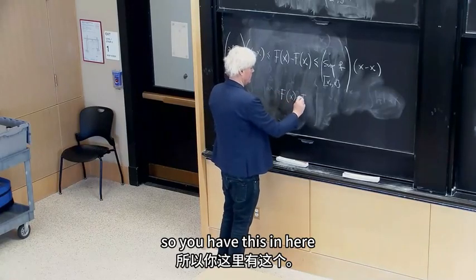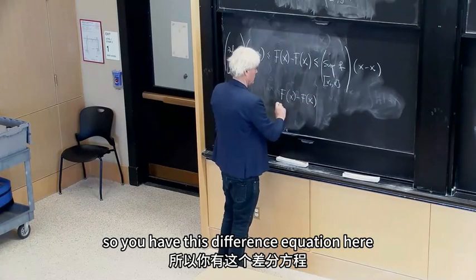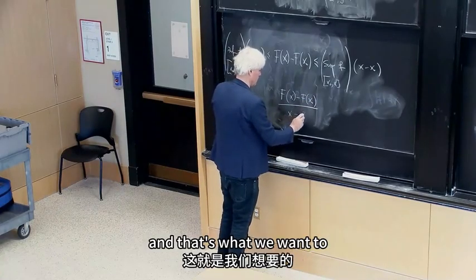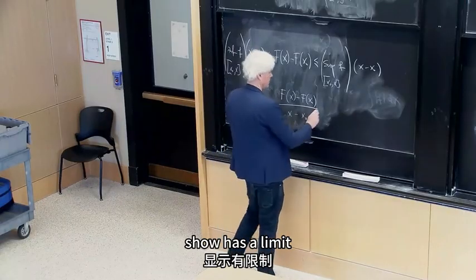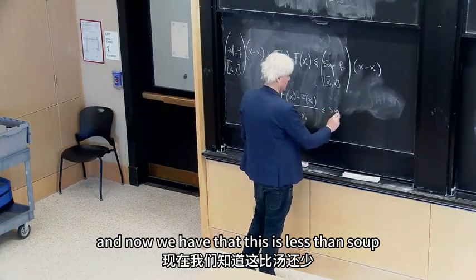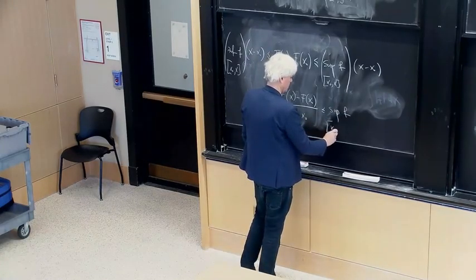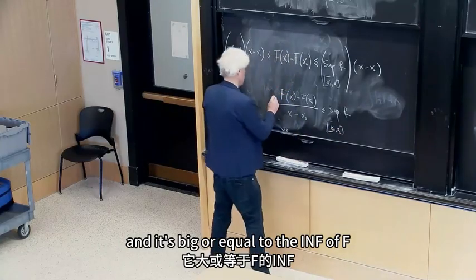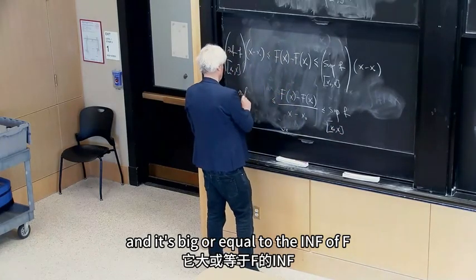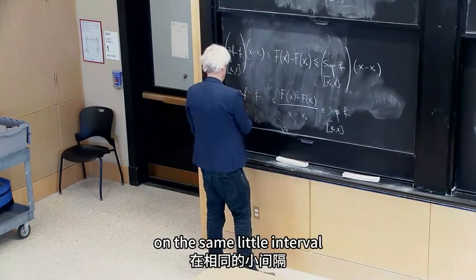So you have this thing here. So you have this difference quotient here. And that's what we want to show has a limit. And now we have that this is less than the sup of f on this little interval here, and it's bigger or equal to the inf of f on that same little interval.